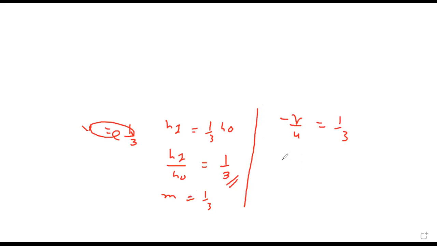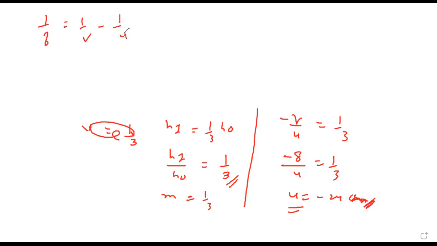Now where does the image form? At a distance of 8 centimeter. So the object is at 24 centimeter on the left. Now you know V, at least I can find the focus.